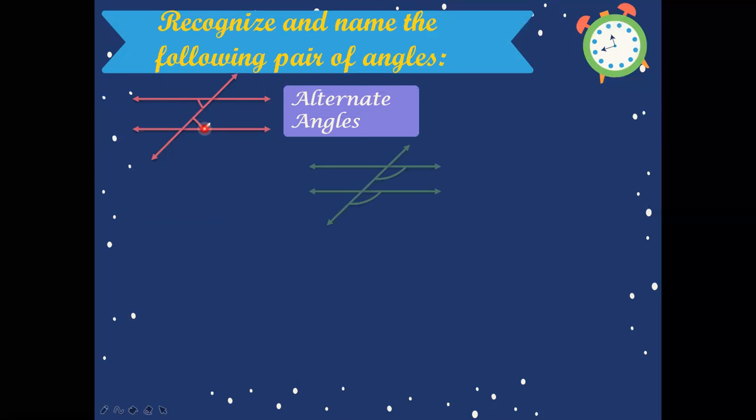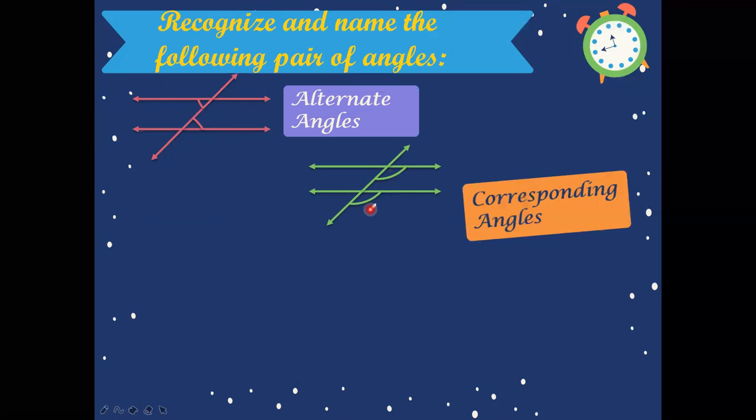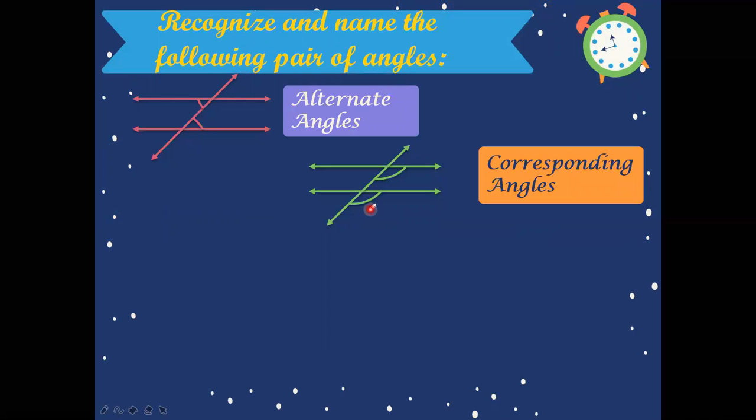Okay. Now let's consider this figure. In this figure, as you can see, this is the interior angle and this is your exterior angle, and both of them lie on the same side of the transversal. So you will say that these are corresponding angles. Now let's consider this one. Both the angles are interior and on the same side of the transversal.